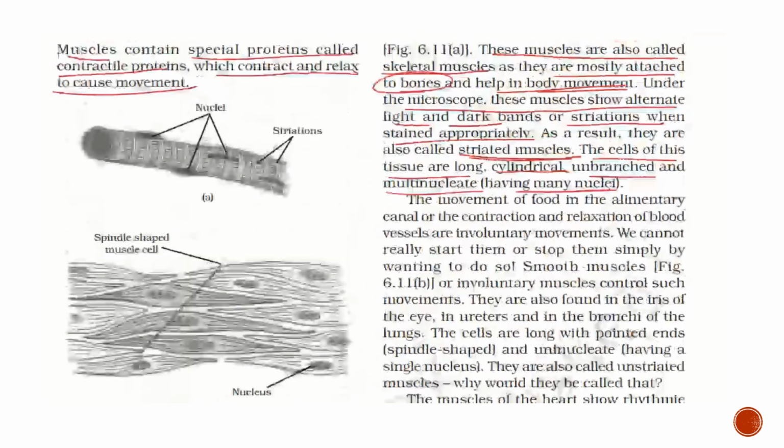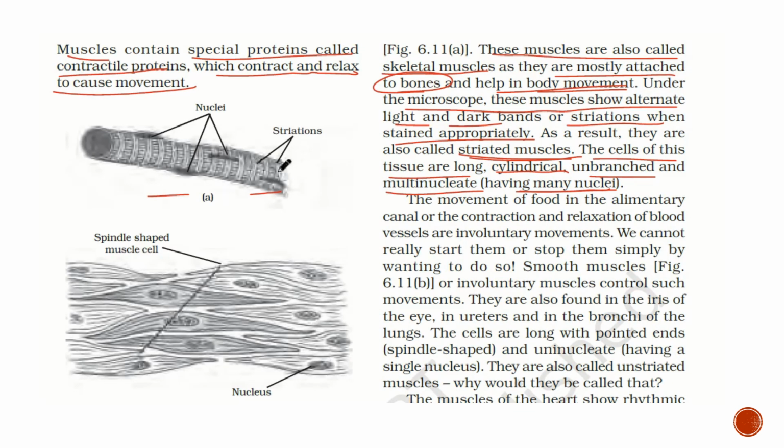You can see it has many nuclei, it has light and dark bands, it is cylindrical and it is unbranched. It has striations, light and dark bands, and it is multinucleate. Many nuclei are there in one band.